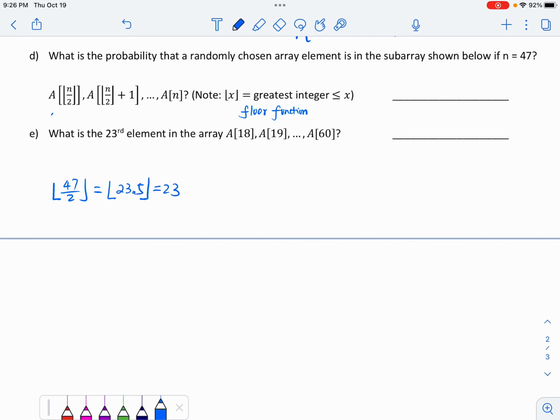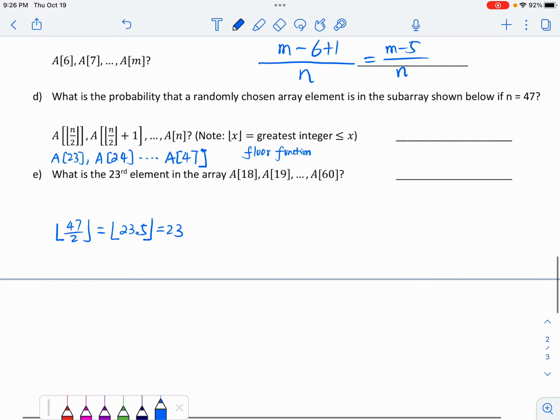So this is A23. Now the next one is add 1, right? So therefore this is actually A24, and so on and so forth. The very last one is AN, and n is 47.